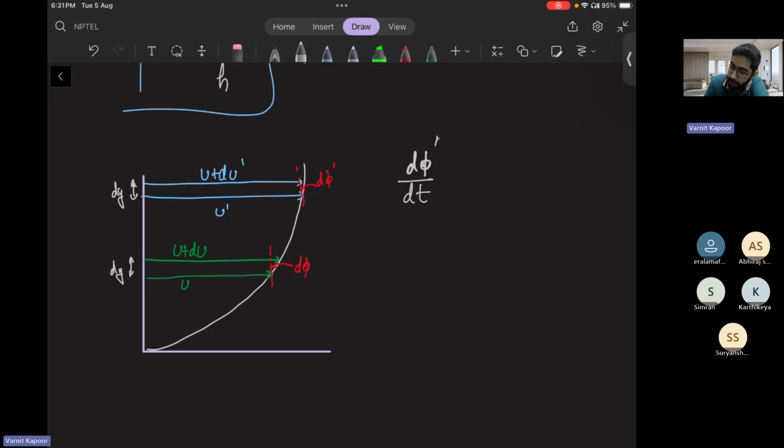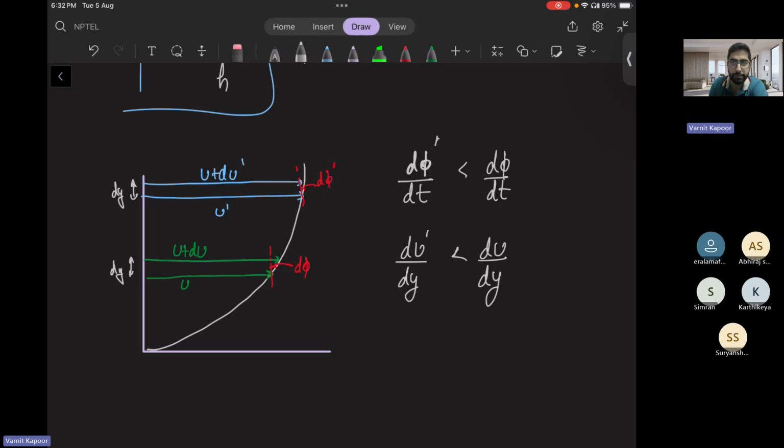So d phi dash by dt is less than d phi by dt. Or you can say in terms of du by dy, this implies du dash by dy is less than du by dy, because we have seen that d phi by dt is proportional to du by dy. We saw this in the last tutorial.